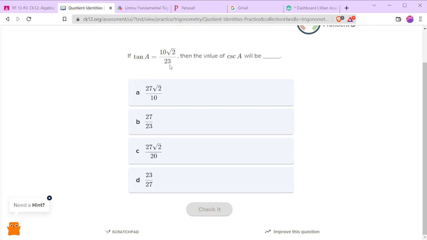So here is our tan. It's 10 root 2 over 23. And the value of cosecant A will be... So we're just given the tan. We have to find cosecant. Now, 10 root 2 squared is 200. 23 squared is 529.